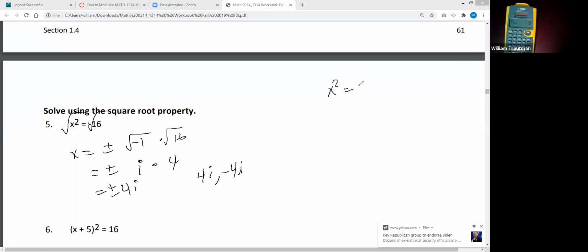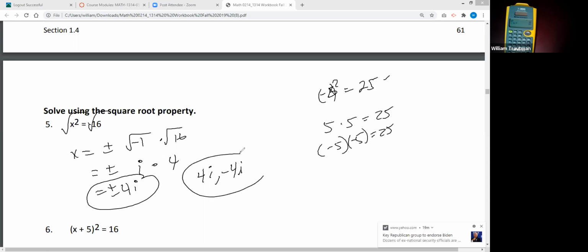X squared equals 25. 5 times 5 equals 25. Also, negative 5 times negative 5 equals 25. That's why we get the 2 answers. I can put 5 in here, or I can put negative 5 in there, and they both give me 25. So that's why this problem has 2 answers. You can write it like this, or you can write it like that. Either one is the correct answer. They're both the same.